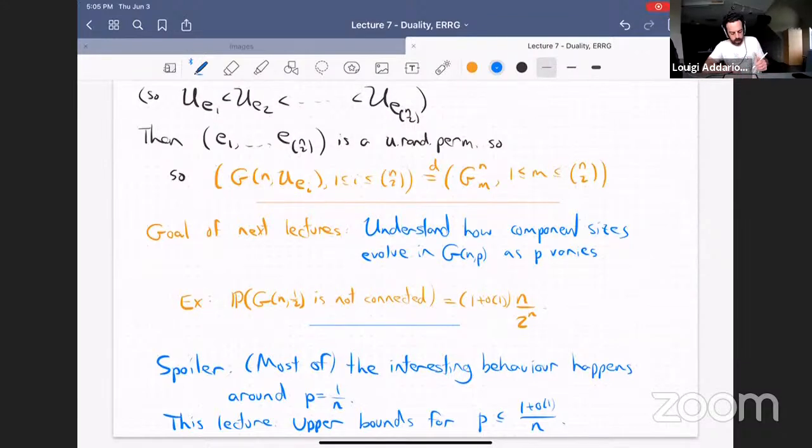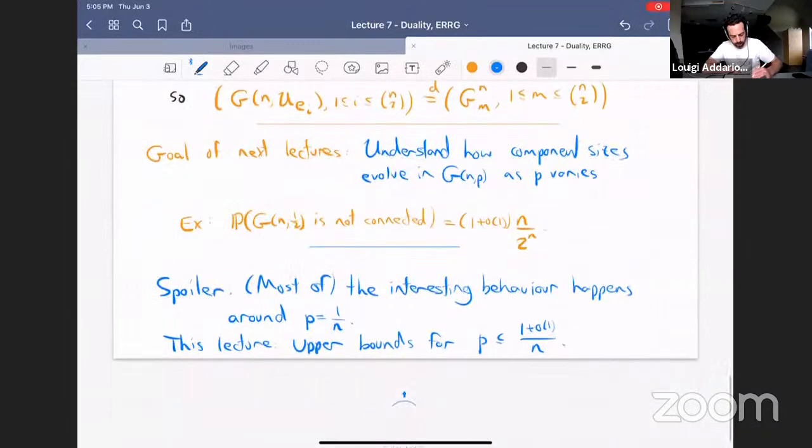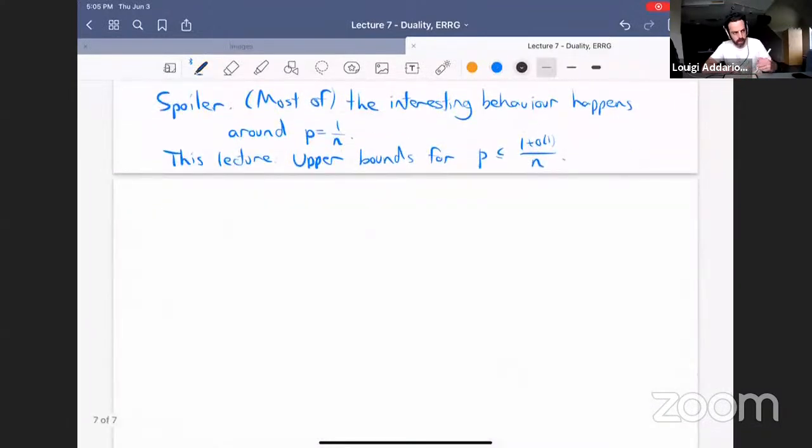Good. So let me give myself just a little bit of notation before I state my first result.